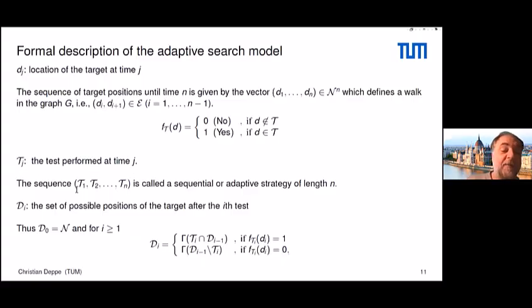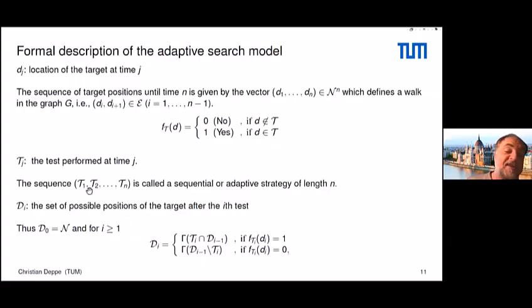So we have a sequence of tests T_1, T_2, and we assume that our strategy has length n, and we call it a sequential or adaptive strategy. That means after each question or each test, we get an answer, and depending on this answer, we ask the next test, and so on. And D_i is the set of possible positions of the target after the i-th test.